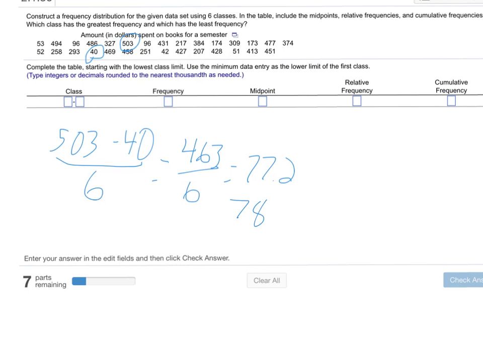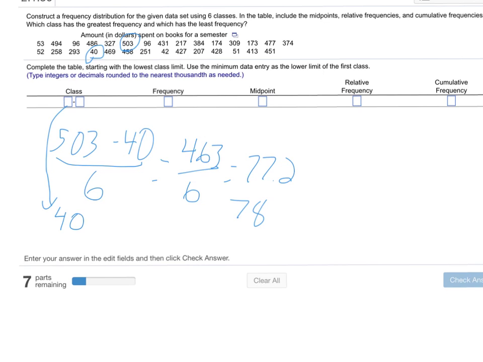Now in this first class, you always start with the smallest data value. So it'll be 40. So that number there will be 40. And if I add 78, that gives me the lower limit of the next class.